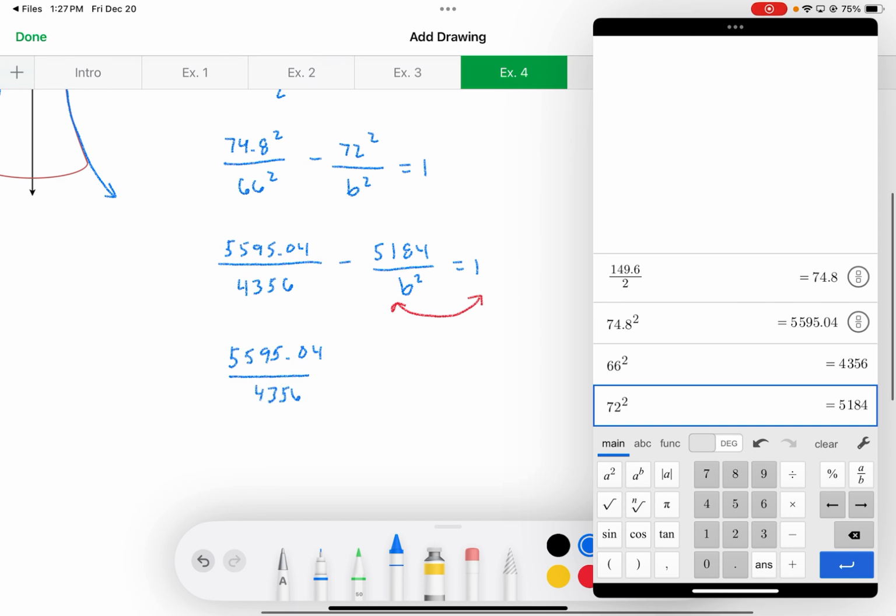Okay, so if I subtract the 1 over, I'm going to write it now as 4,356 over 4,356. And that's now going to equal positive 5,184 over b squared.